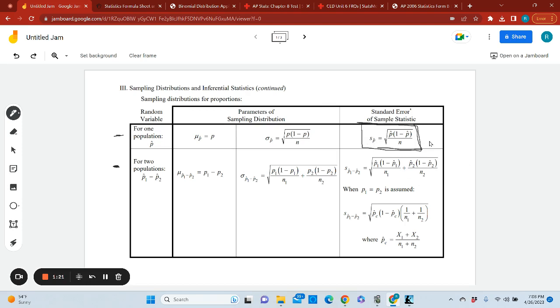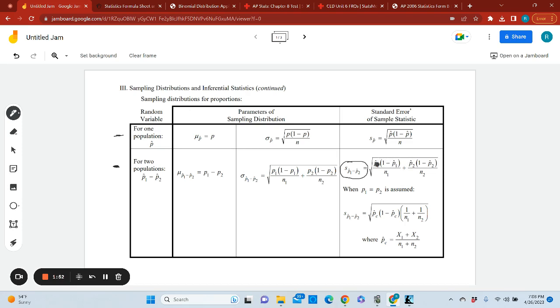And when you're dealing with samples from two populations, so we're trying to estimate the difference between two proportions, here's your formula. It's basically this formula right here, but we're going to add the variances together. We're adding them together before we take the square root, which doesn't make them standard errors. These are variances then.